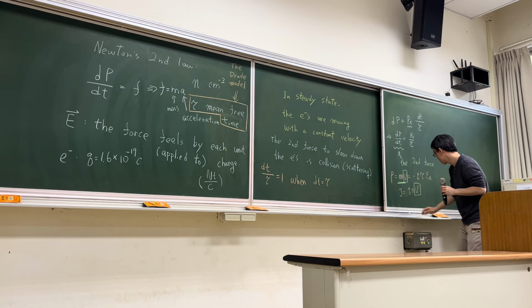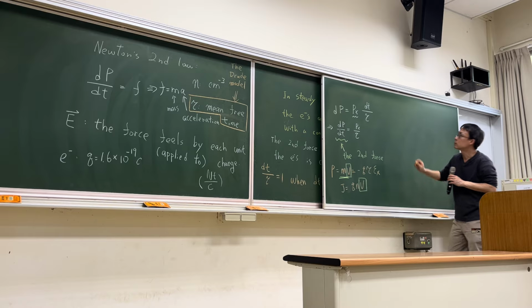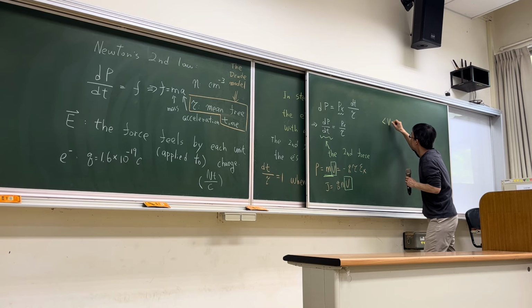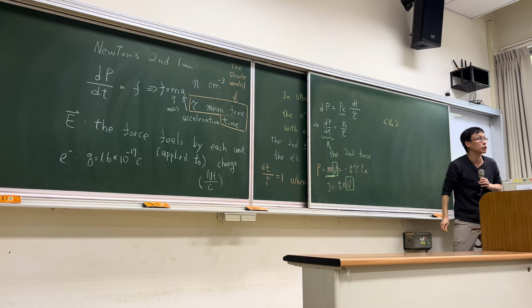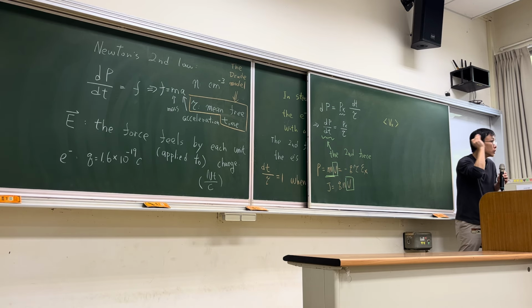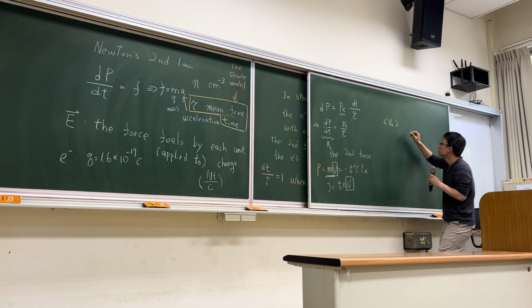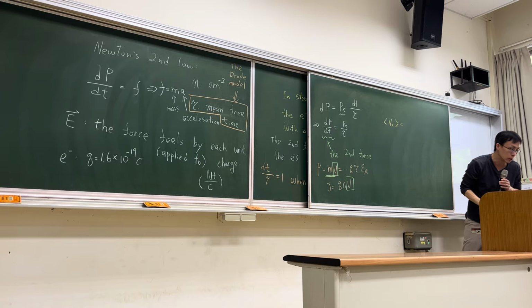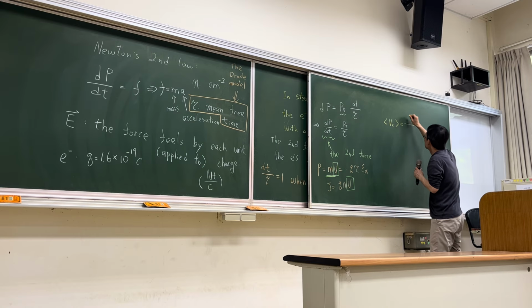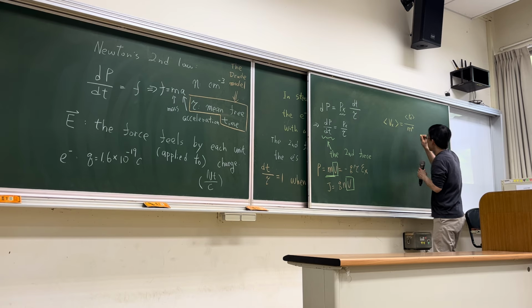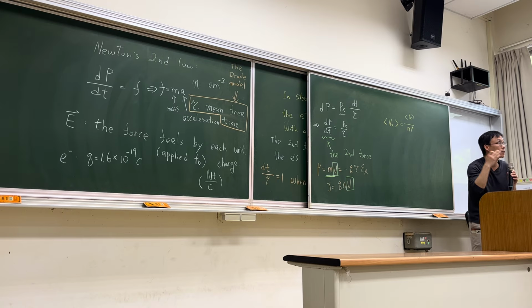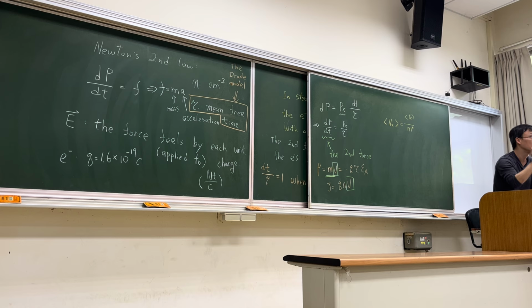So as I put here, this means the average velocity in the x direction for each electron. The average velocity of each electron is equal to the momentum divided by the mass. This is the effective mass, which is the mass of an electron in a certain crystal or certain semiconductor.